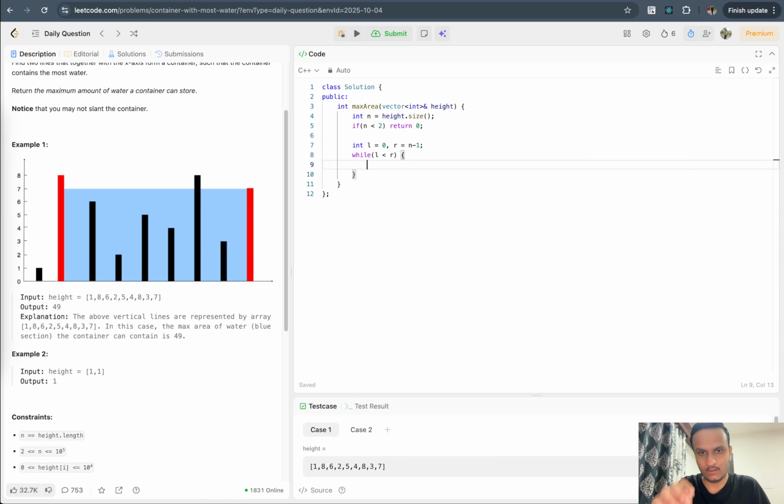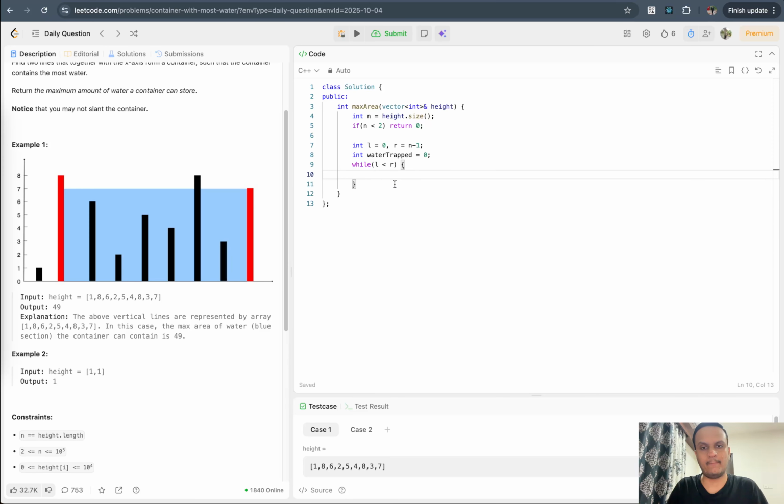So let me define a variable answer as well, water trapped, equal to 0.